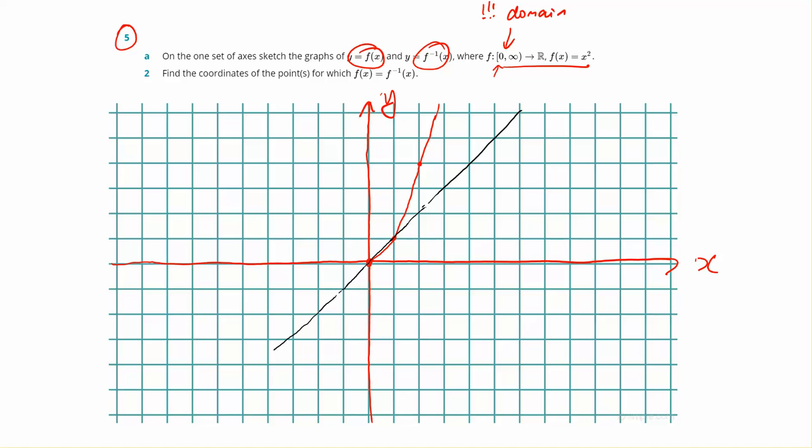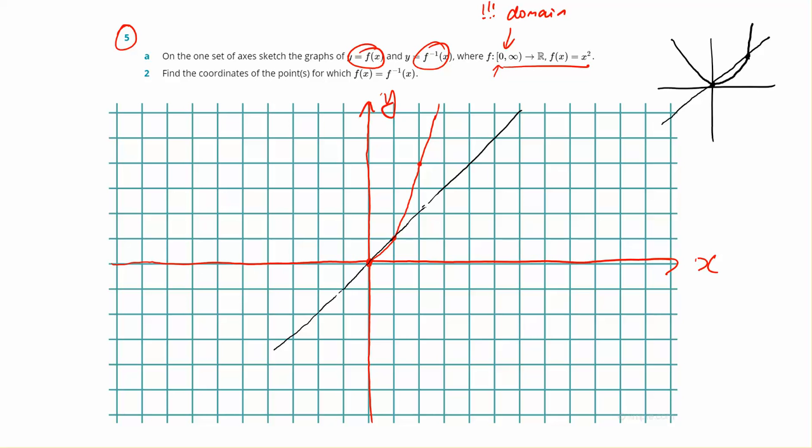Now, I probably don't have a good scale, but if I enlarge the curve a bit and draw the y equals x line, you're going to have essentially two intersection points.